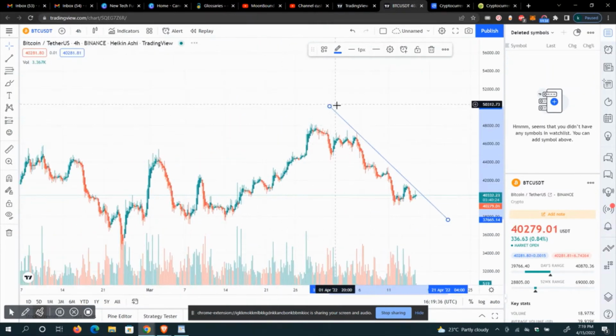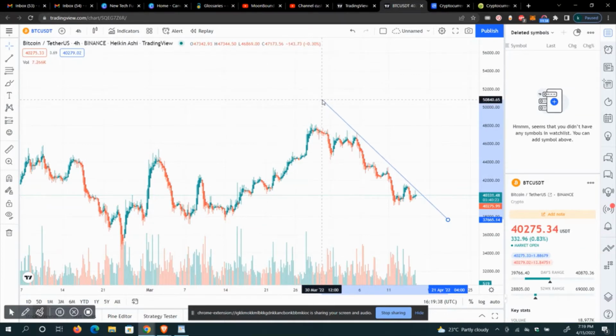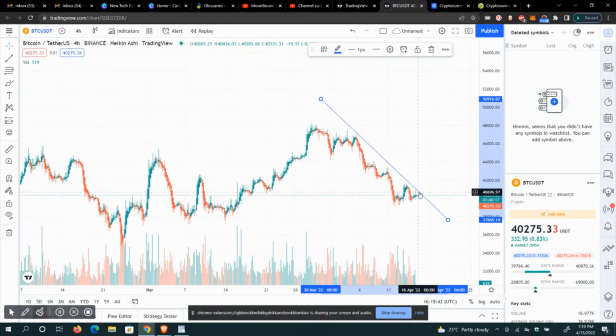So what am I trying to say here? As we can see, this market is going downward. Let's say you're predicting that if the market should break out of this line, it simply means the market is going to go upward. But I'm just trying to show you how you can draw the trend line.